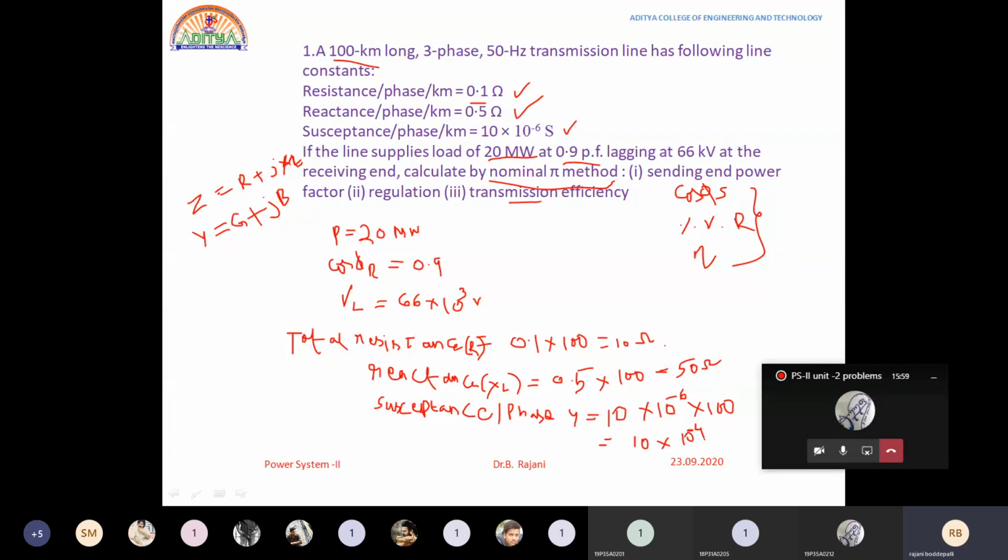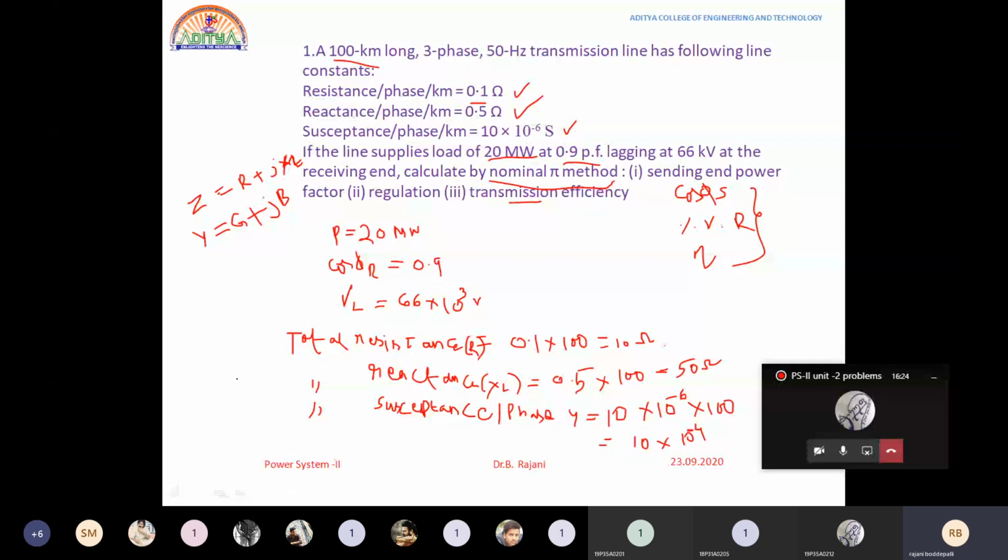Remember, every time you have to multiply the given data with the total length of the line, so that we will be getting the total resistance per phase, total reactance per phase, and total susceptance per phase values. See, here we are having the values in our hands.